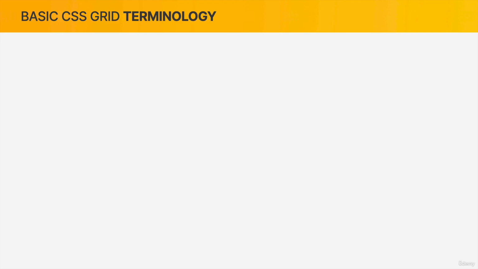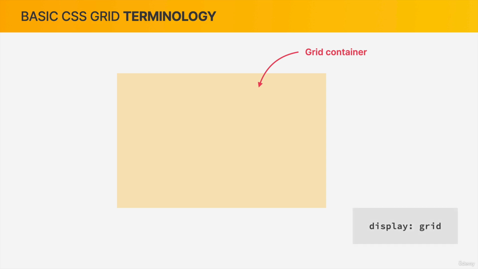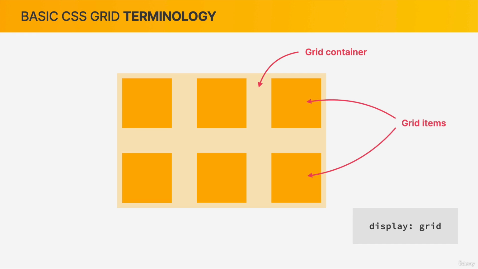And now we need to once again talk about some terminology here so that when I talk about CSS Grid, we are all on the same page here. So as we just learned already, actually, the grid container is basically where everything happens. And we create a grid container by setting its display property to grid. Then all the child elements of the grid container will be the grid items.